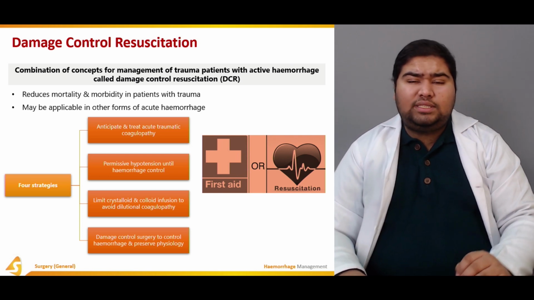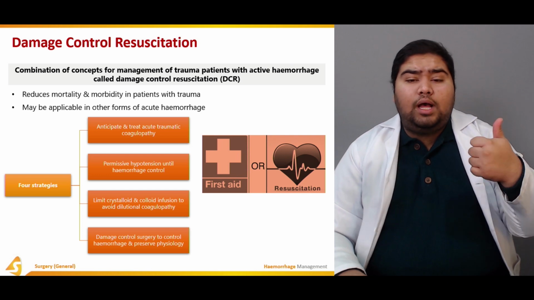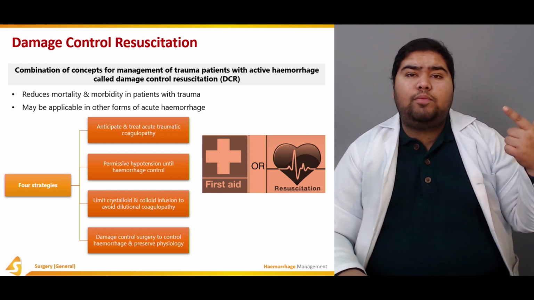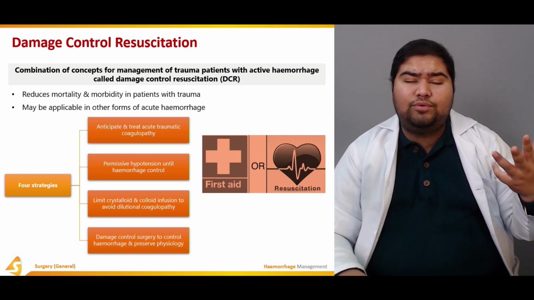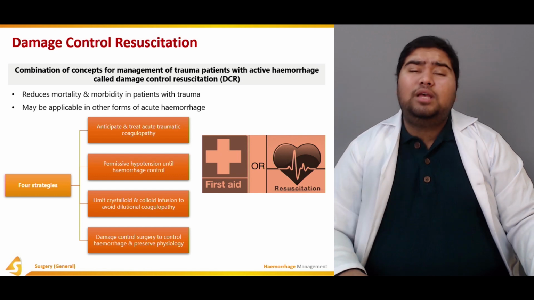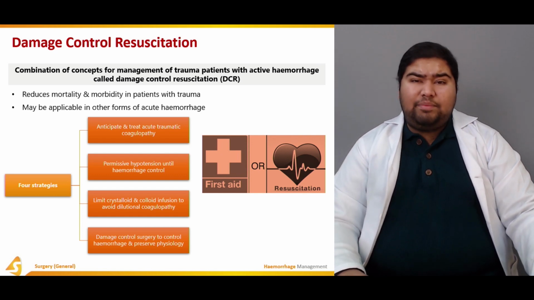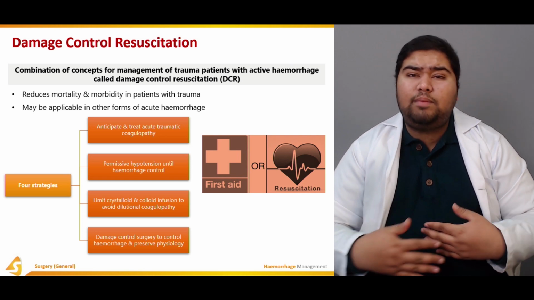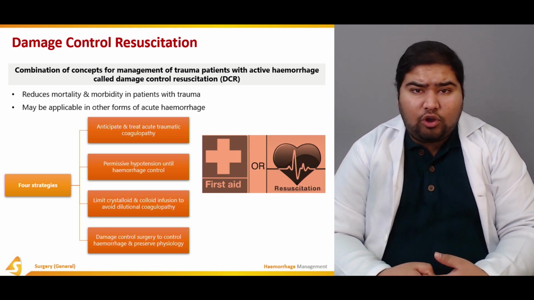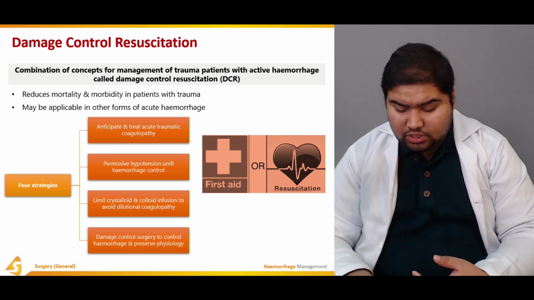So these are the 4 steps. You anticipate and treat traumatic coagulopathy, you permit hypotension, you limit crystalloid and colloid use, and you do damage control surgery. These are the 4 parts of damage control resuscitation, and this improves the mortality and morbidity of your traumatic patient.